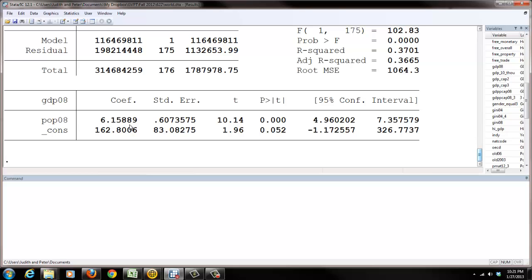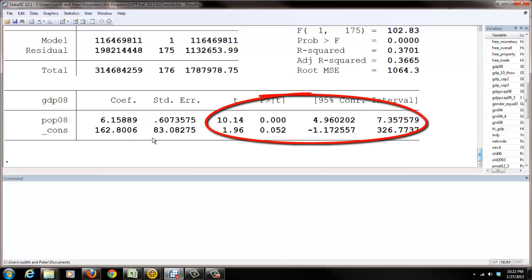So this number tells us that for every 1 million person increase in a country's population, on average, a country's GDP will increase by $6.16 billion. Keep in mind that this is a probabilistic statement, so note that I said on average. That's an important part of interpreting it.